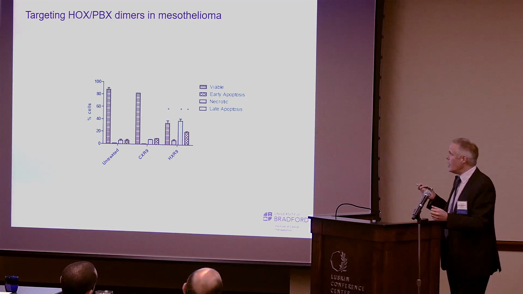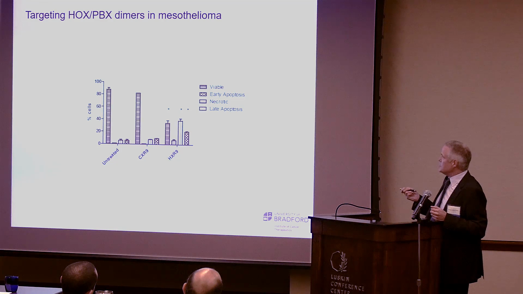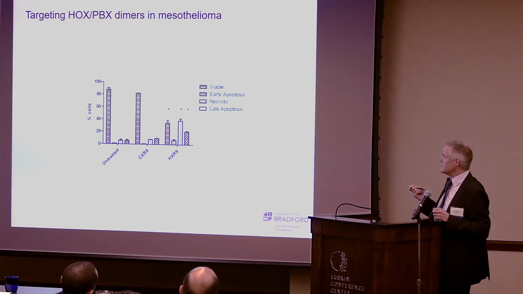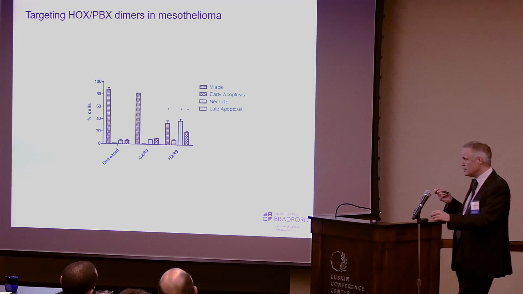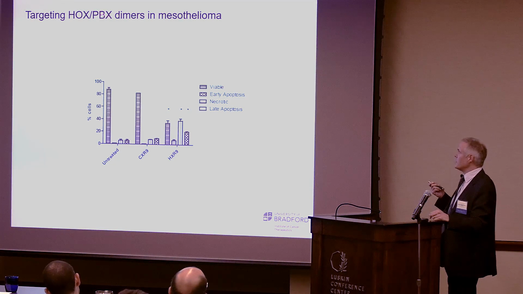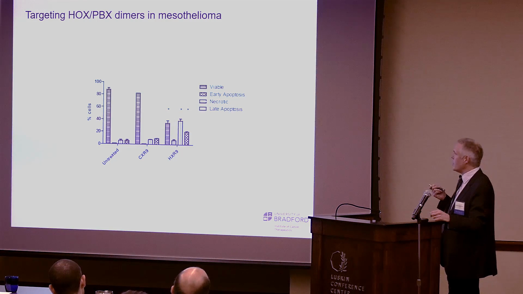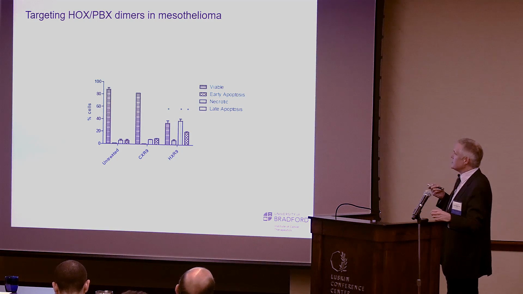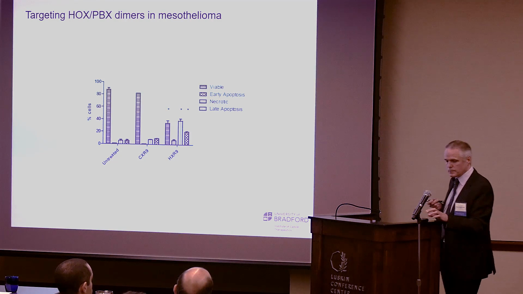I think that inflammation can induce an immune response, so that can be good. But there are also lots of times when you don't want inflammation when you kill cancer cells, and certainly some of the applications outside of mesothelioma where we're thinking about disrupting HOX-PBX require that. So primarily this cell death is driven by the induction of apoptosis.